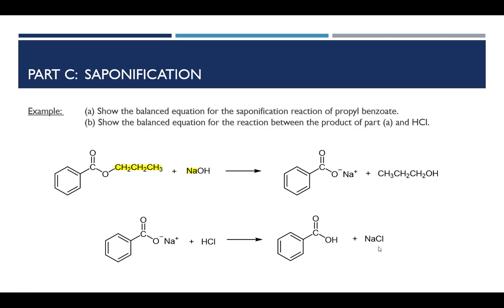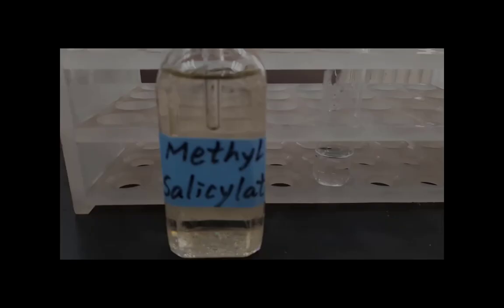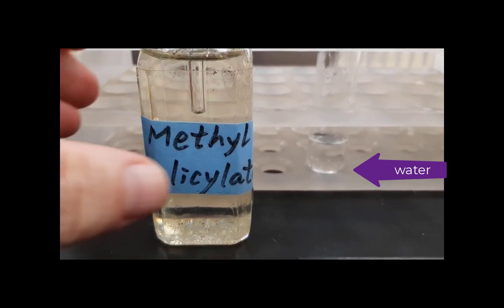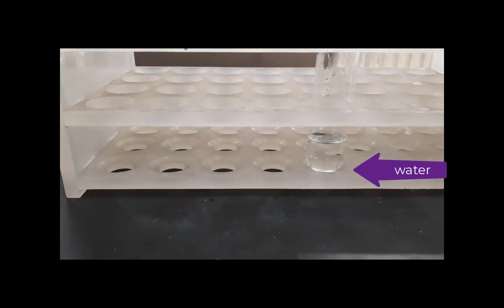Let's take a look at the video of this process. We start off with 3 milliliters of water in a test tube, to which I will add 5 drops of the ester methyl salicylate.